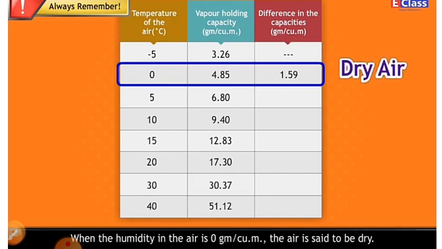Here, my dear student, when the temperature of the air is 0 degrees Celsius, the vapor holding capacity is 4.85 gram per cubic meter, and the difference in the capacities is 1.59 gram per cubic meter. This shows dry air. The air becomes dry.